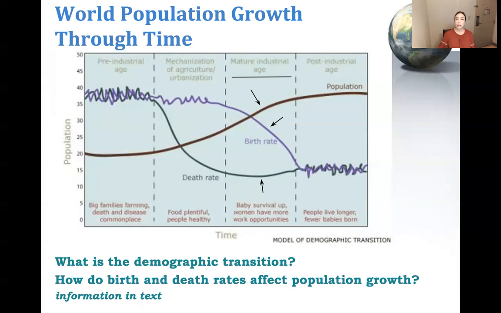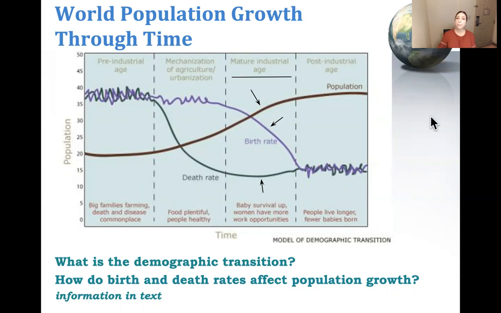Now, like I said, a lot of developing countries, and developing means, like I said before, places like India, Mexico, South and Central America. It says baby survival up and women have more work opportunities.